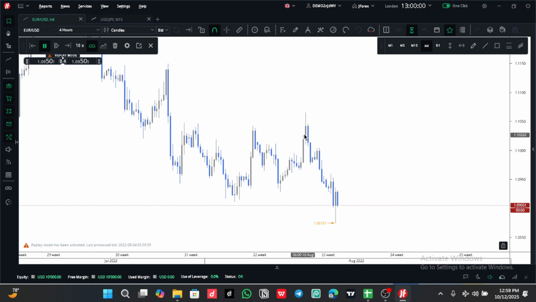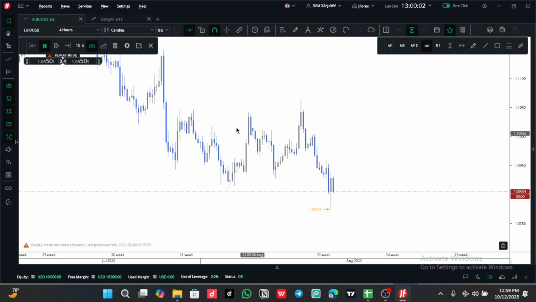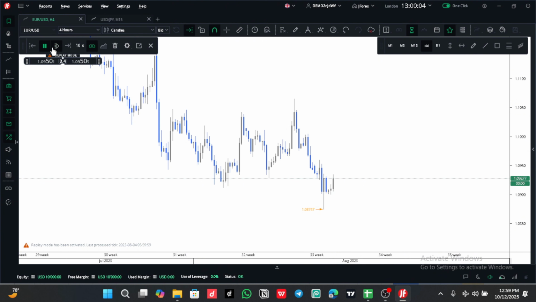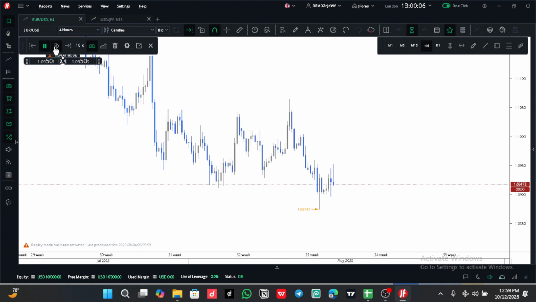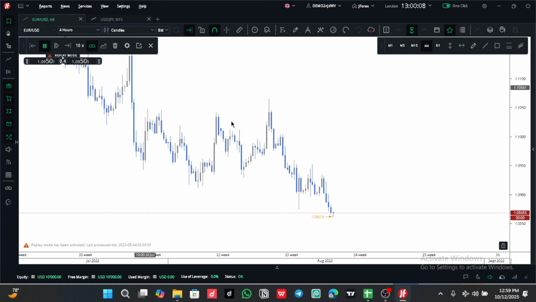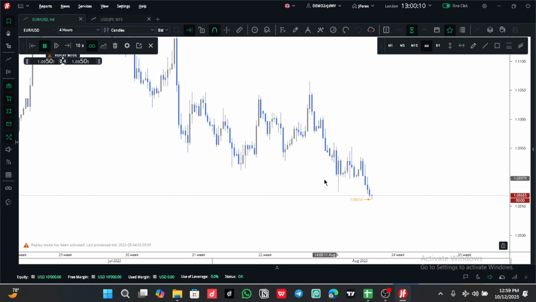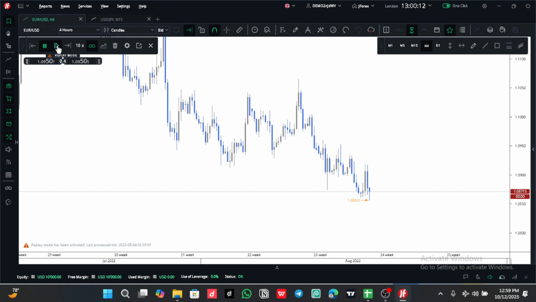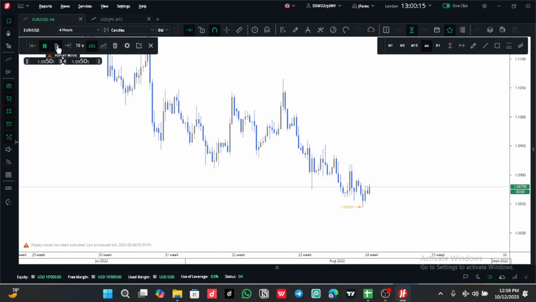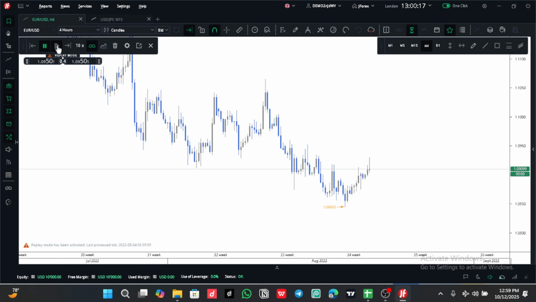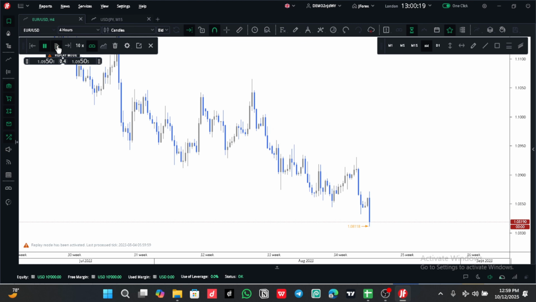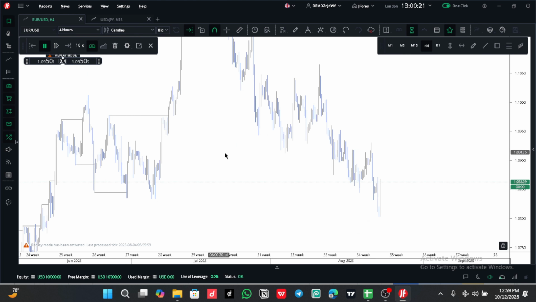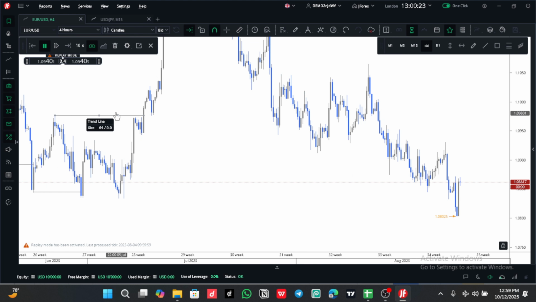So you see it swept the high. It did not close with a body candle. And market has taken out the low.